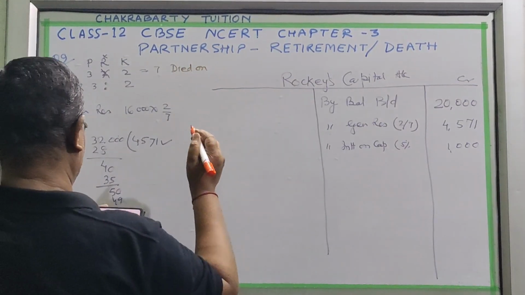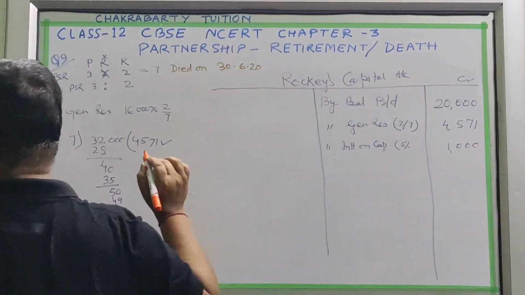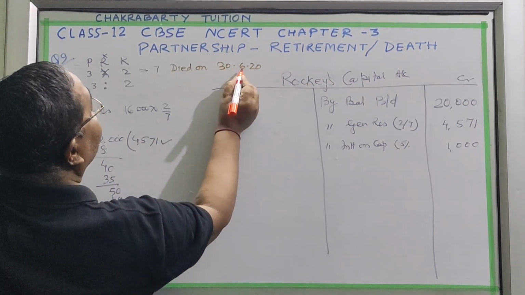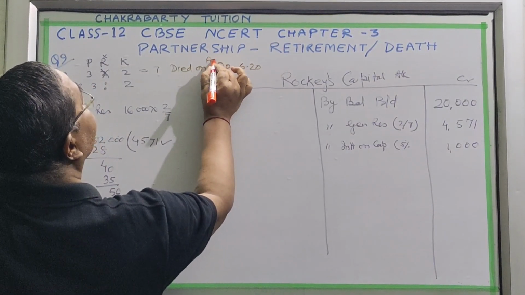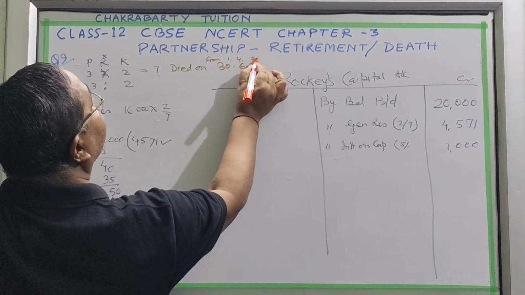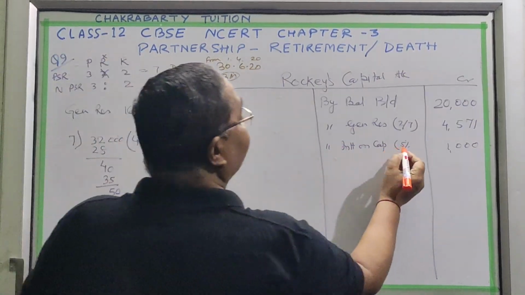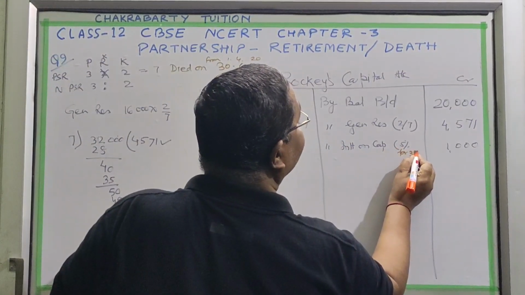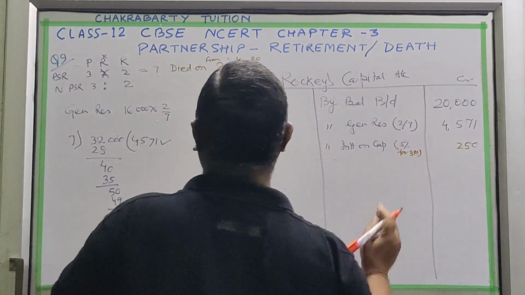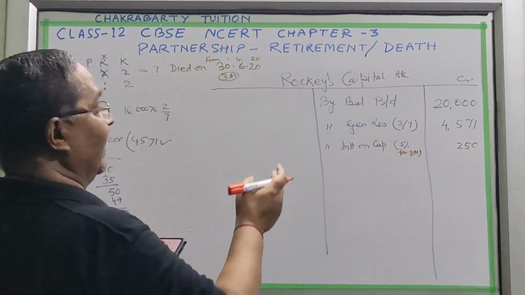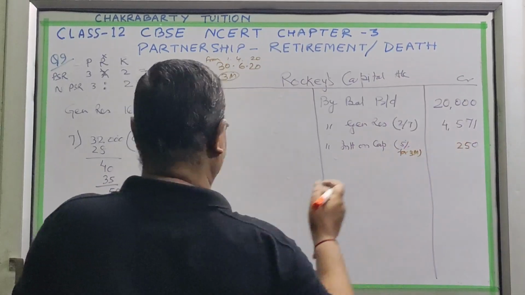Died on 30th June 2020. It means 3 months, April to June, from 1/4/20. So he will get interest for 3 months. 5% on 20,000 for 3 months will be 250.